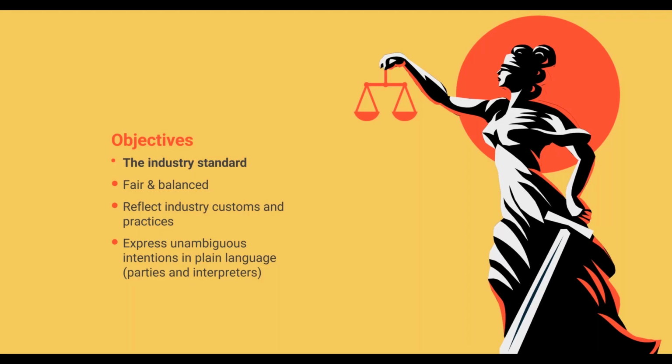As I indicated, we strive to have our documents reflect the current industry customs and practices, which is why we do revise them. We revise them normally on a 10-year cycle, but it gives us the opportunity to figure out if things have changed and how they've changed and what needs to be tweaked. And finally, one of the key goals is to express in unambiguous terms the intentions of the parties in plain language.